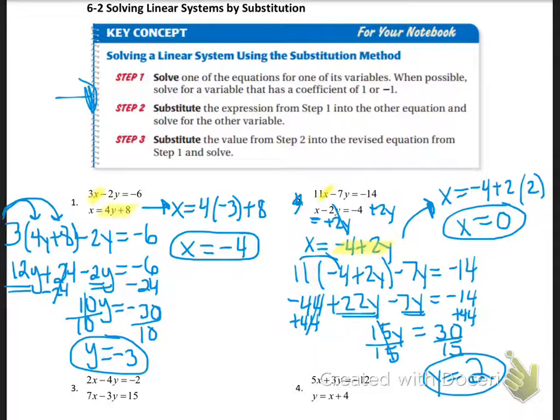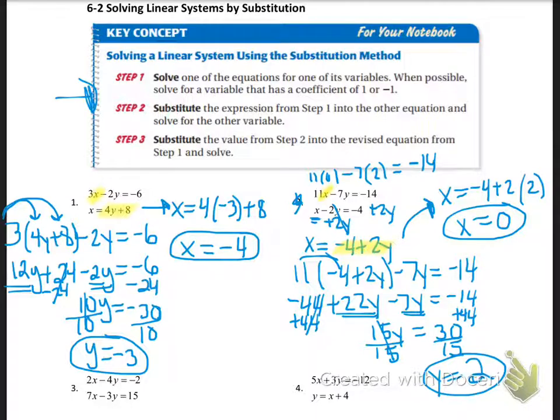Because I don't have the space, I'm not going to write out the check, but you would want to plug in your points to make sure they satisfy both equations, right? So if we plug in 0 for x, 11 times 0 minus 7 times, what was it, 2? Does that equal negative 14?